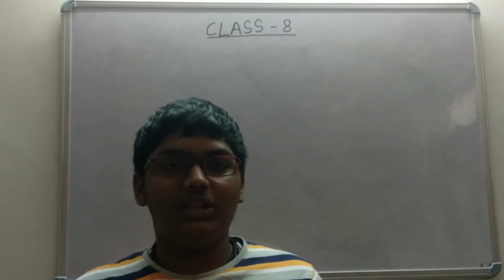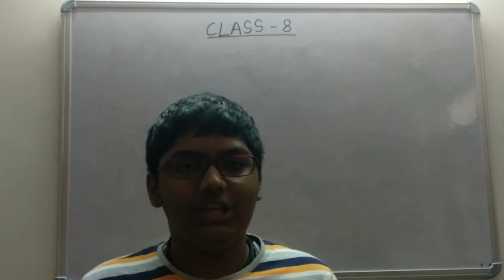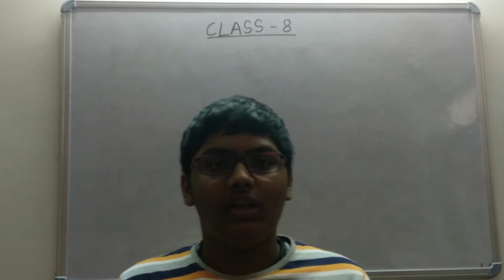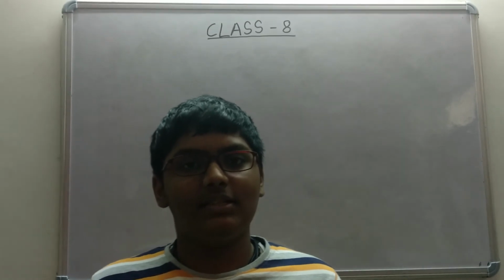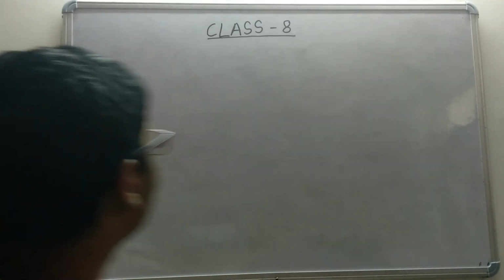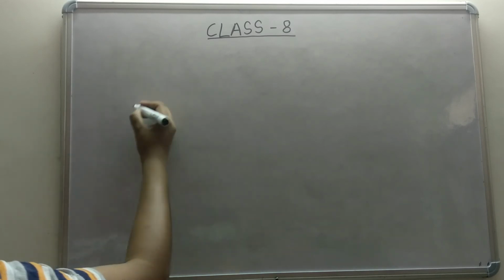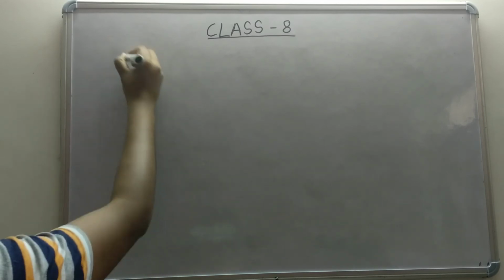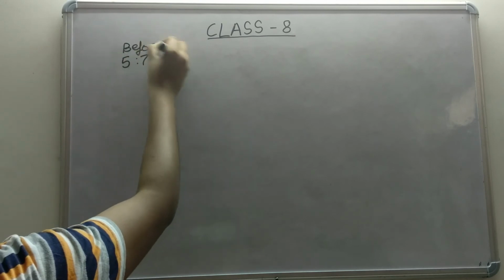Now we will start with the last exercise of the second chapter of class 8, linear equations in one variable, exercise 2.6. So the ages of two children are given. The ages of Hari and Harry are in the ratio 5:7 before, and 3:4 after, and the gap is 4 years.